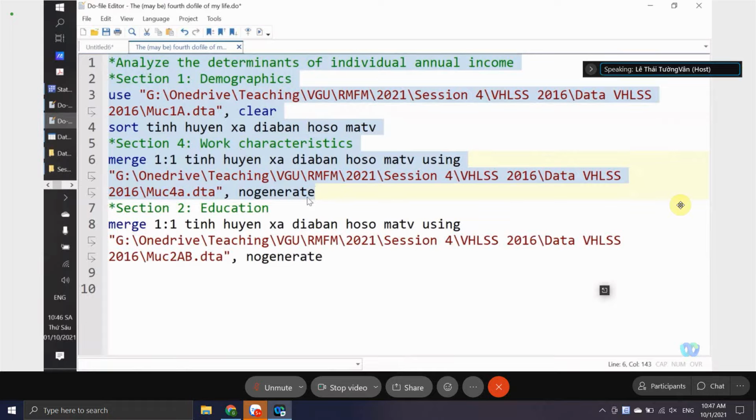Otherwise, when not matching, that is when merge equals 1 or 2, the observations could not be merged. If that is less than 1%, that should be okay. Why? Because when you have some people who just refuse to answer some questions, for example, in that case, sometimes it is missing.